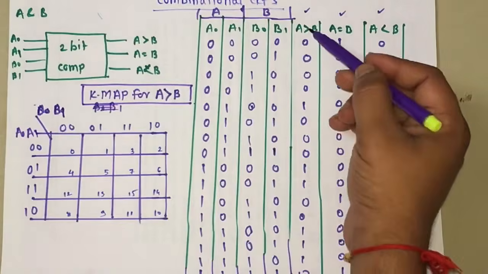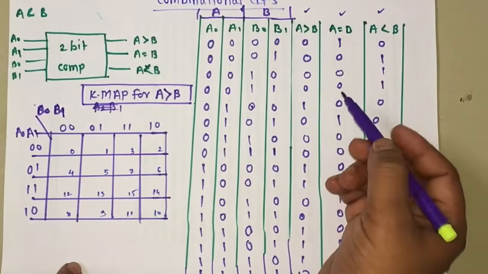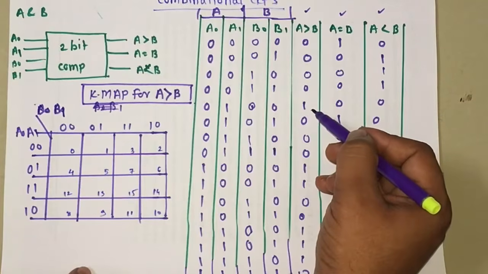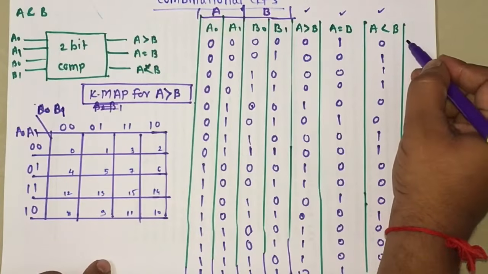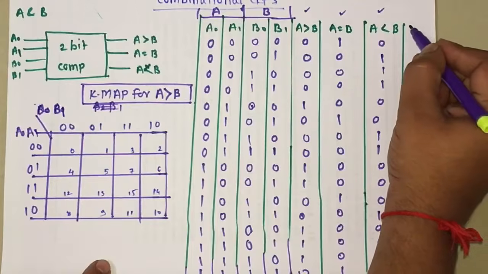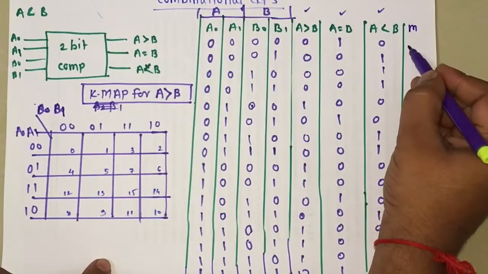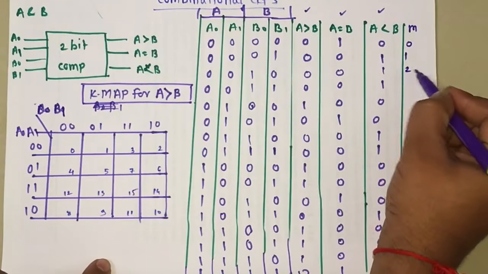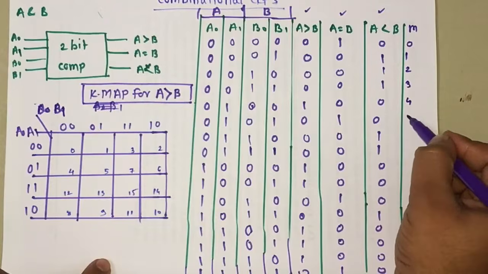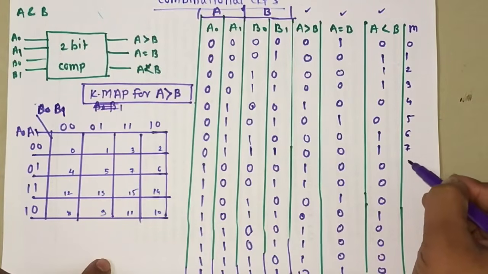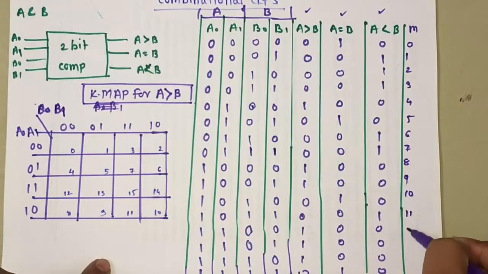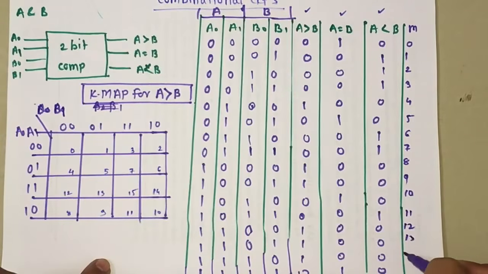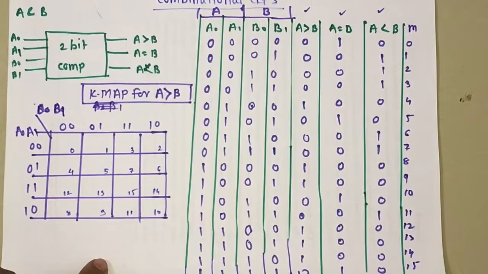Okay, so find out the values or put the min term values. Here I will write the decimal value or min term values. So suppose small m, this is 0, 1, 2, 3, 4, 5, 6, 7, 8, 9, 10, 11, 12, 13, 14 and 15.